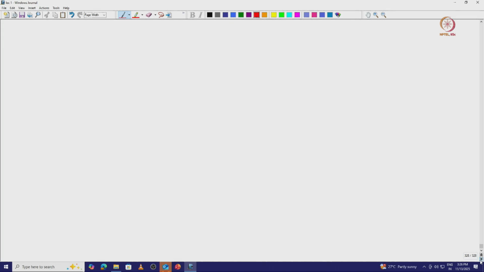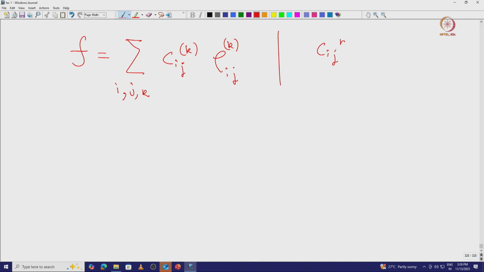So, let us do this computation. Write f as the summation over i j k of c i j k rho i j k. Here the c i j k are all complex numbers for all i j k. So, basically we have written f as a linear combination of these.